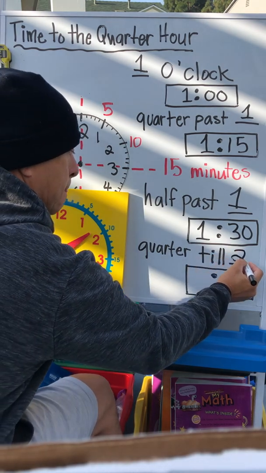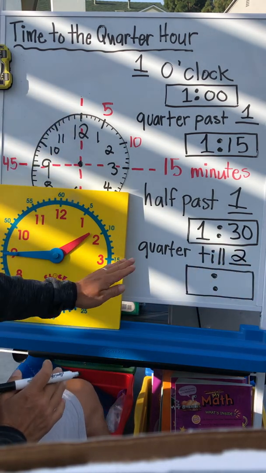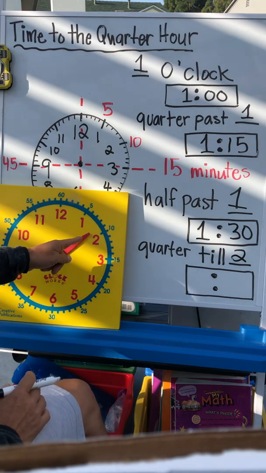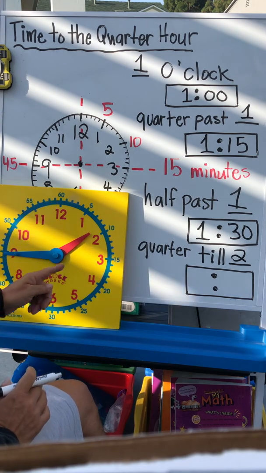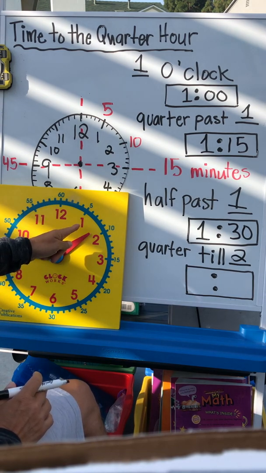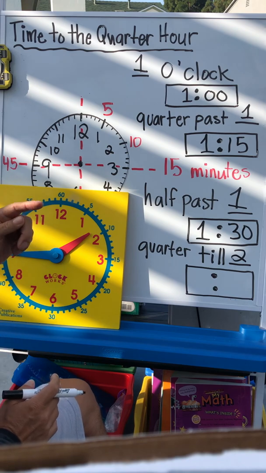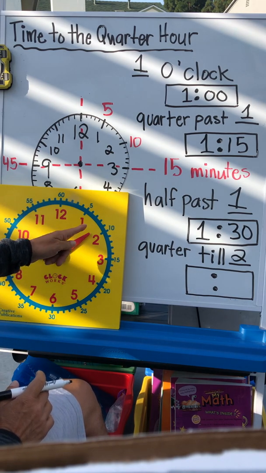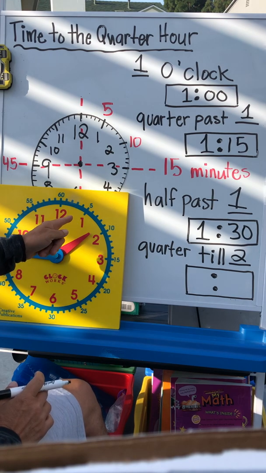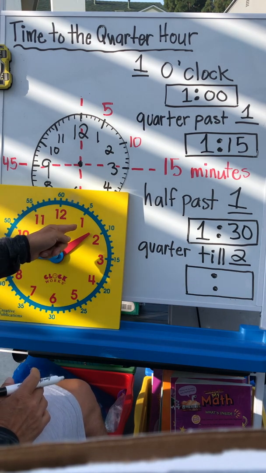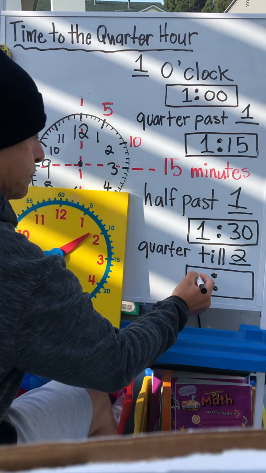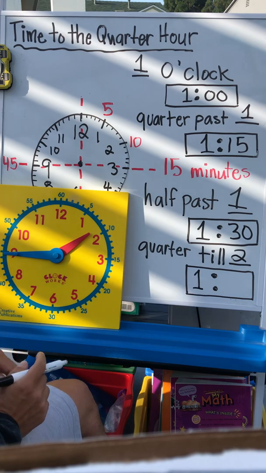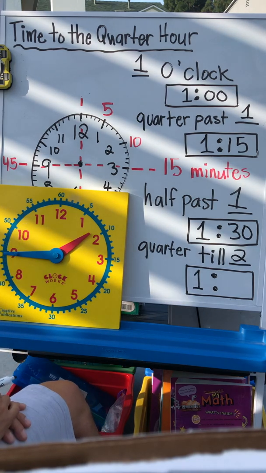Okay. Now, here comes the tricky part. This is how we really write it. We're still not all the way up. So you notice our hour hand is in between the 1 and the 2, and remember our rule. When the hour hand is between 2 numbers, we always say the lesser number first. So it is still 1, the hour is still 1. But the minutes, how many minutes have we traveled all the way around the clock?